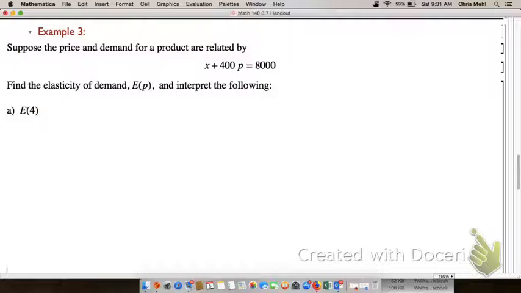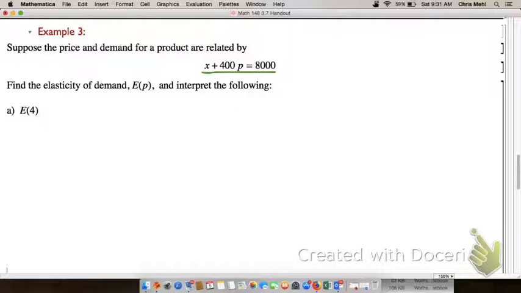Suppose the price and demand for a product are related by this price-demand equation, x plus 400p equals 8,000. We're going to find the elasticity of demand, E of p, and we're going to calculate and interpret the following, starting with E of 4. We only calculated E of 4 yesterday. I wasn't able to do the other values, so we'll finish that on Monday.